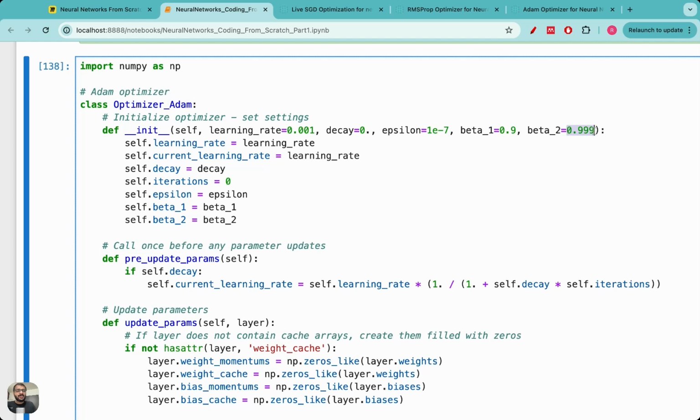Beta 2 is the cache decay memory rate, and it governs how much importance is given to the gradient square in the adaptive learning rate. By default, beta 2 is set to 0.999. We also track epsilon. Remember, epsilon is added to the denominator to make sure the denominator is not 0, and it is typically a very small value, 1 into 10 raised to minus 7.